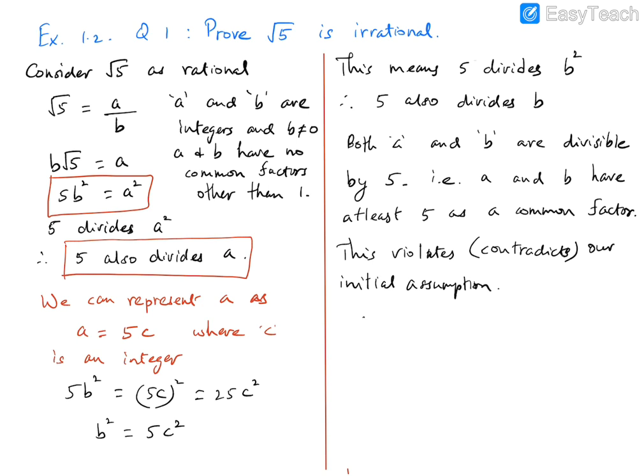So therefore, it means that root 5 considered as rational at the beginning is incorrect.